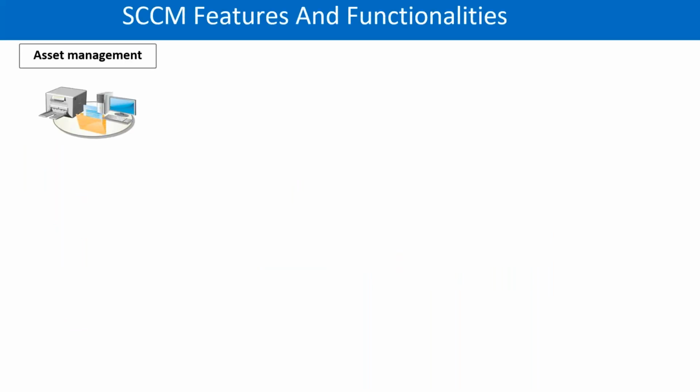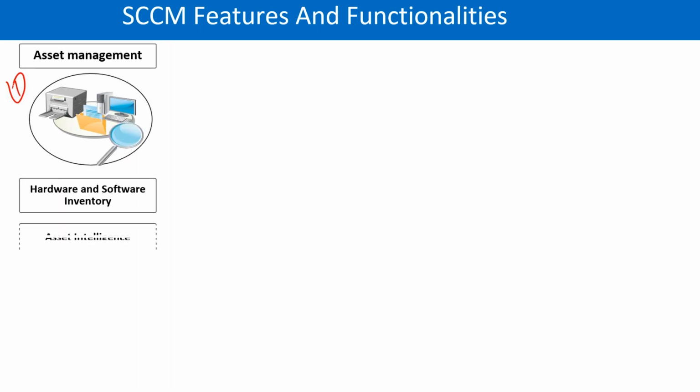Now yesterday we talked about the SCCM features and functionalities. The first feature of SCCM is asset management. That means if you have thousands and thousands of devices, you can get the hardware and software inventory of the devices.